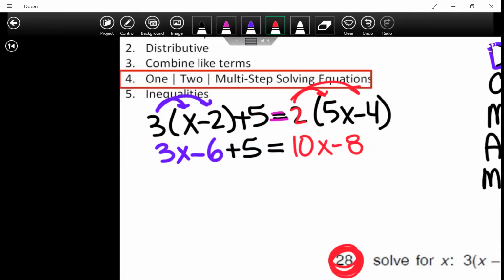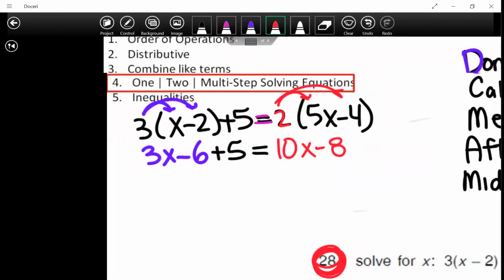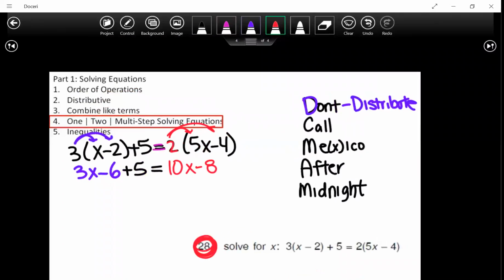The next part that we're going to look at and do, following this don't call Mexico after midnight, is our call number. The C in call means combine like terms. Our combine like terms is going to be crucial when doing this and solving. We do it to each side.